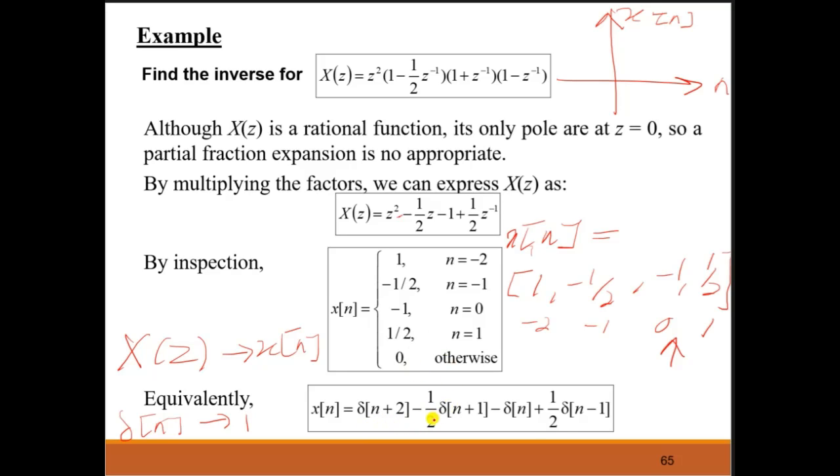Alright, so here is delta[n], the coefficient is negative 1/2, and its delay is negative 1. So its delay is delta[n+1]. So remember, in case I forget.